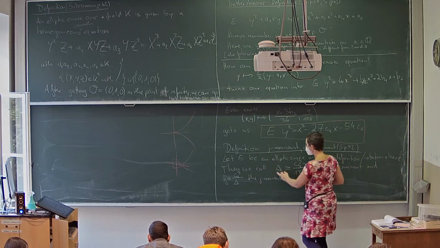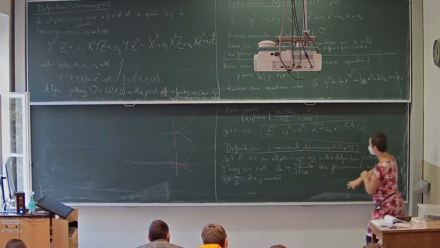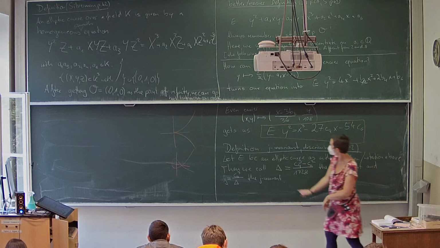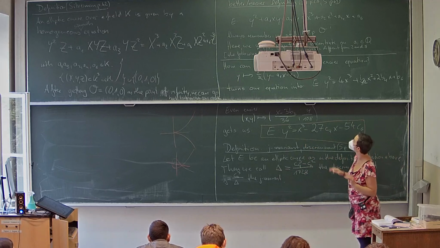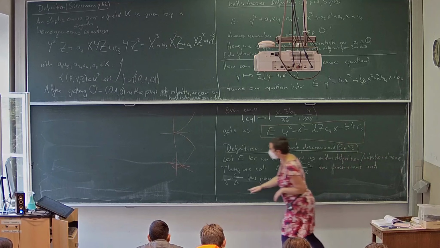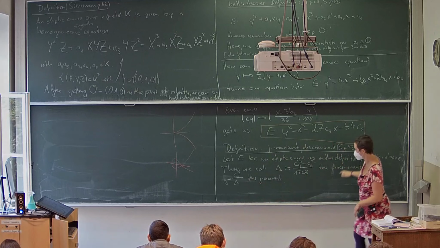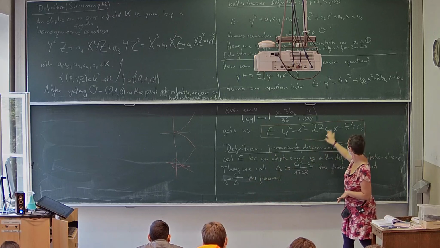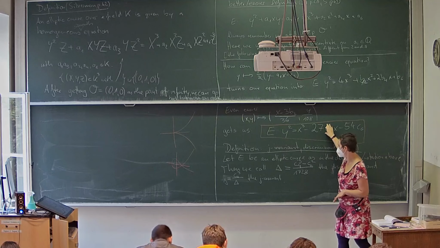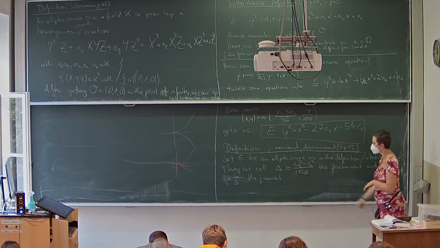We will find out what the discriminant means in the next half hour, I think, and we will use this to define our final definition of the elliptic curve. And the J invariant is this cubed over the discriminant.